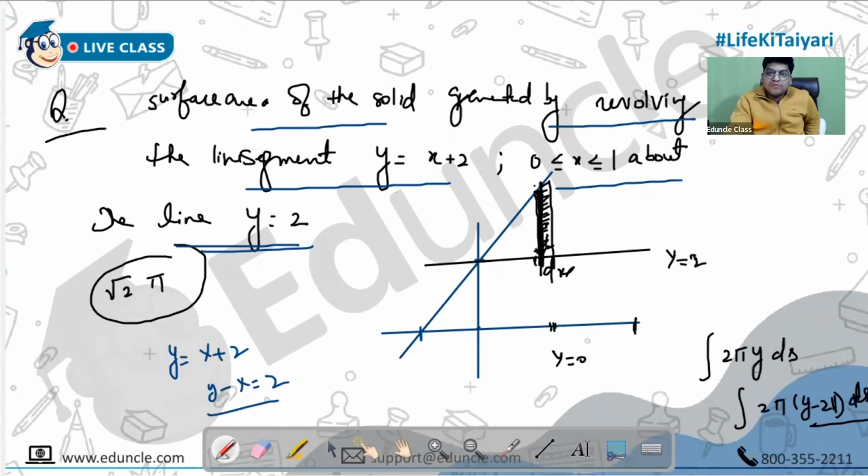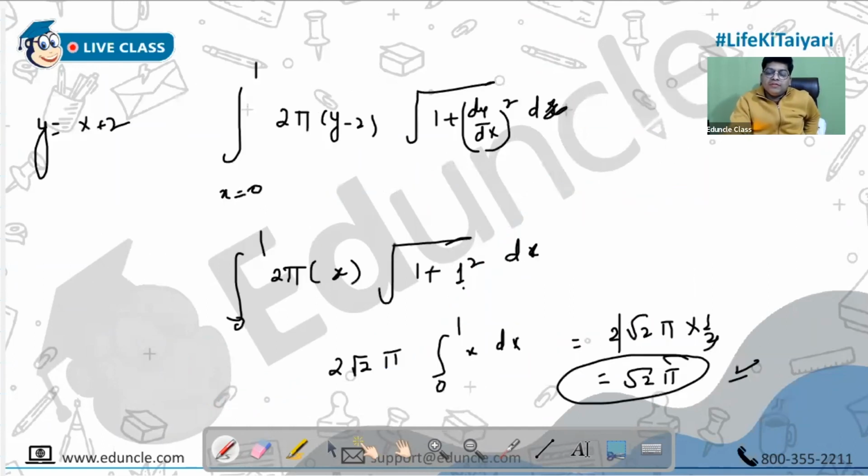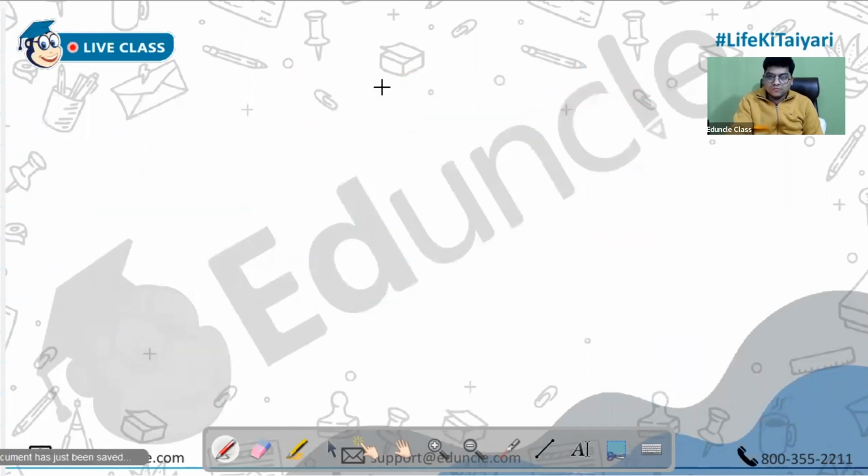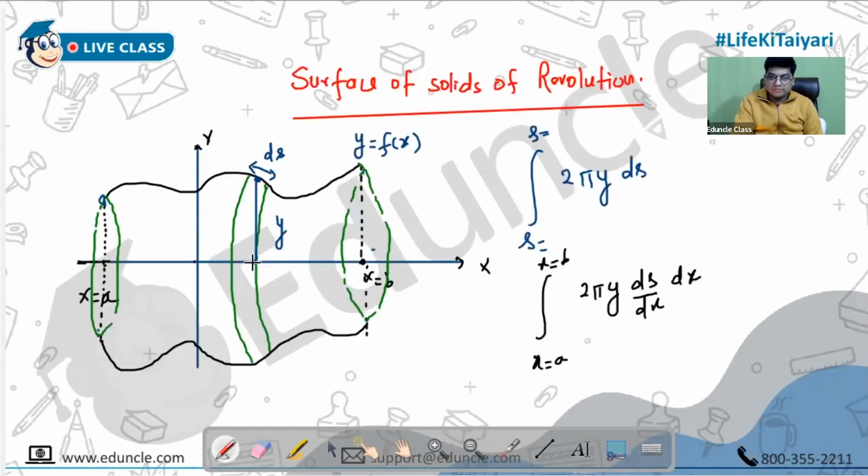Actually, if you want more and more clarity, going back, what we have done here: this curve to the x-axis, that is the y equal to 0 line. What is the perpendicular distance? This is called the radius of the disk we are taking to find the surface of the infinitesimal arc length ds.